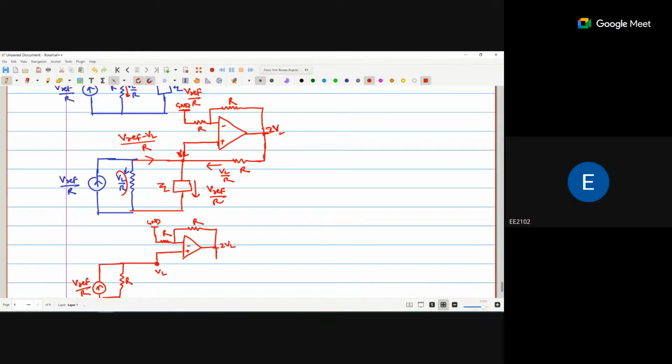Now this 2 VL will be passing through R, connecting a ZL. Okay, so we basically redraw this circuit in this way.